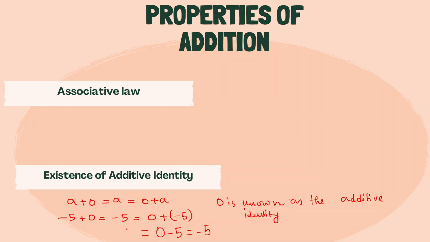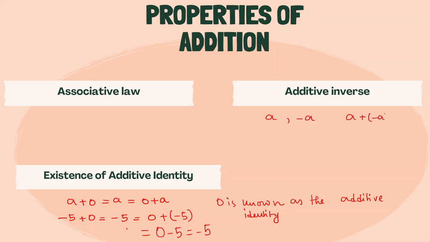Now we have come to the last property, that is what I had misspelled there, that is additive inverse. So what is additive inverse? Here we are saying that for every integer a there is an integer minus a such that a plus minus a is equal to 0.